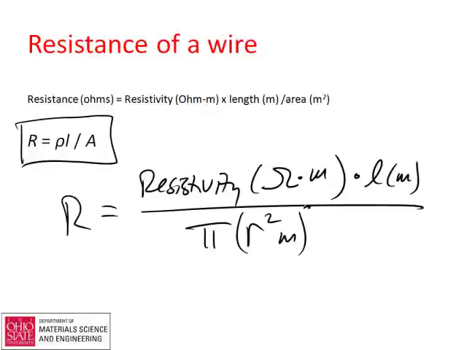So what do we get out of this? We get meters squared down here, so that cancels with that, and you're left with ohms. So all you have to do, if you're careful with your units, do everything in meters, for example, is get your resistivity, know your length, know your cross-sectional area, and you can calculate the resistance of a piece of wire.